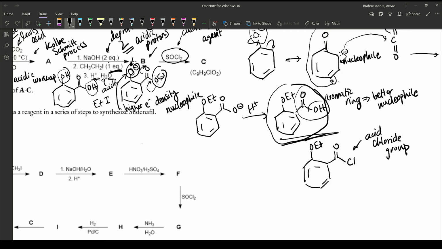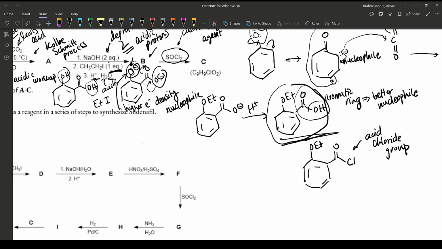And the reason we want to form acid chloride groups is because they're the most reactive carboxylic acid derivatives. Why are they the most reactive? Chlorine is inductive. It's a halogen. It's going to draw electron density away from the carbon, and that makes the carbonyl carbon even more electrophilic.